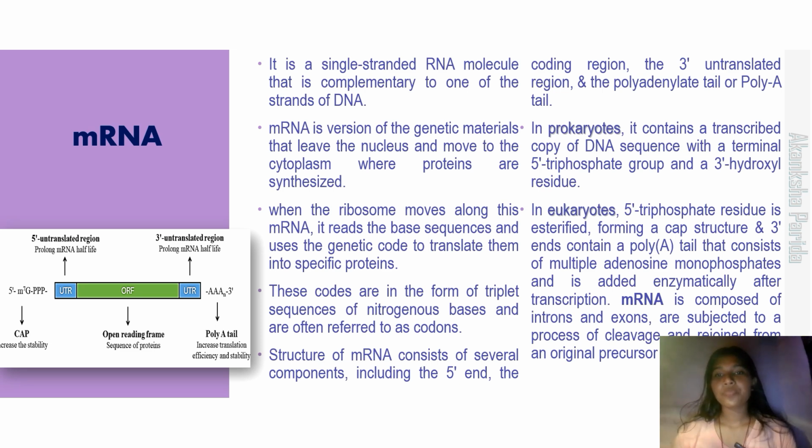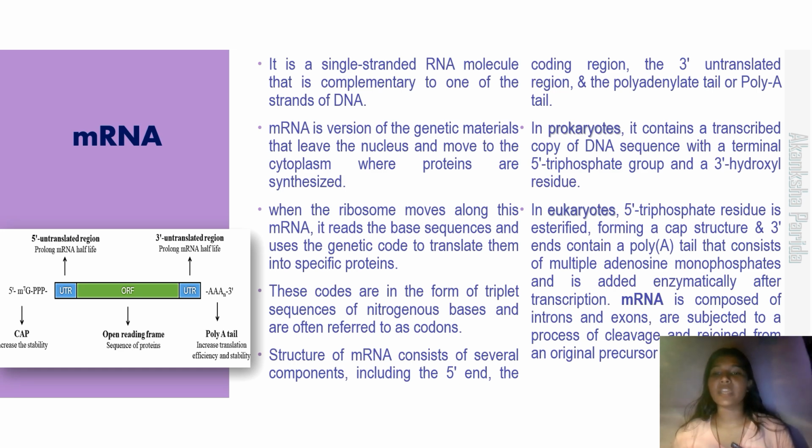In prokaryotes, it contains a transcribed copy of DNA sequence with a terminal 5' triphosphate group and 3' hydroxyl residue. In eukaryotes, the 5' triphosphate residue is esterified, forming a cap structure.